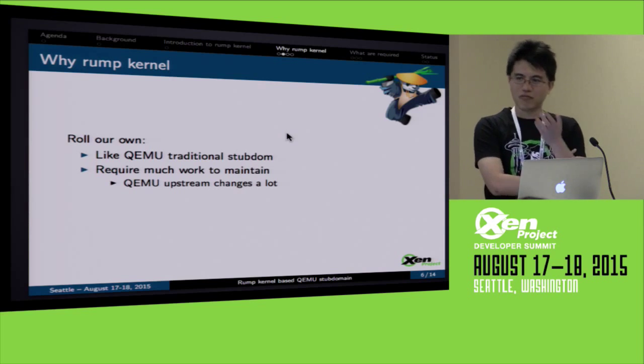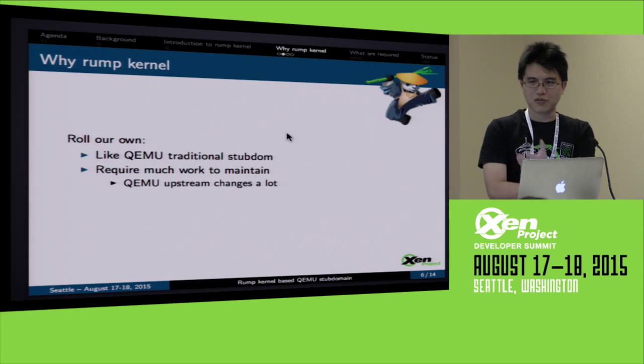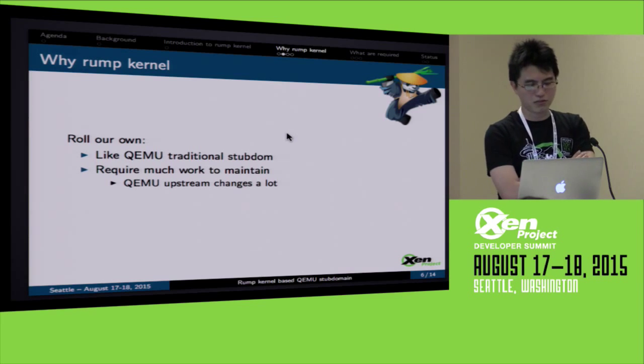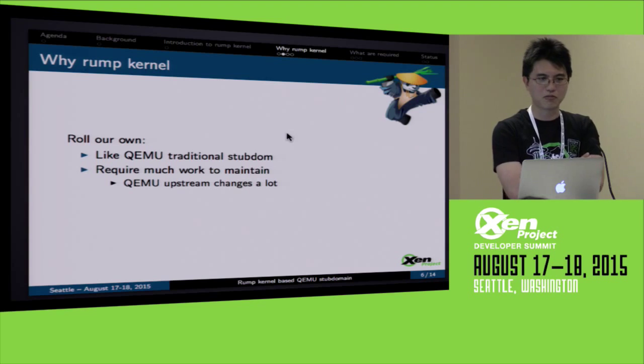So what about rolling our own solution from scratch? That's basically the route we took for QEMU traditional Stubdom.